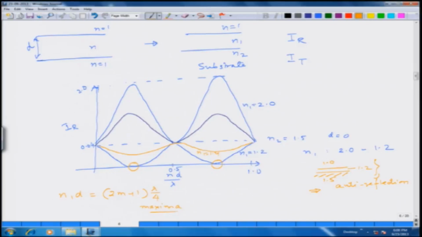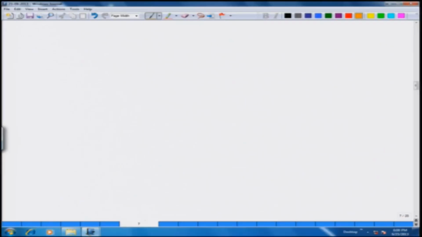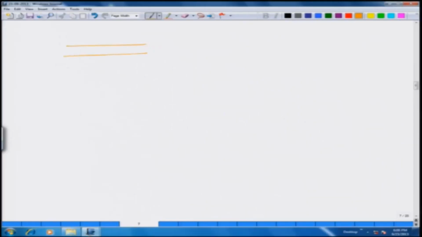Now, having done this, I hope it tells you that when we are dealing with devices which have a large number of layers, for example, a typical device may have contacts, semiconductor, another semiconductor.